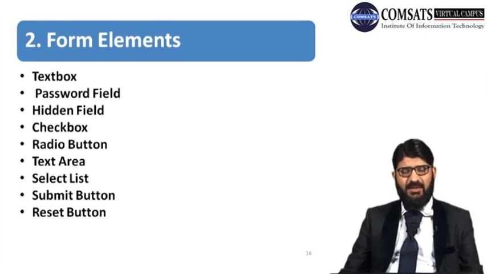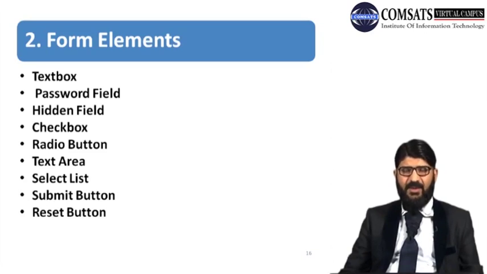Radio button is used when you want the user to select a specific option between two options. Then text area, when you want to provide a space where the user can enter a specific number of characters. Then list, when you want to provide some options to the user and the user can select from that list.